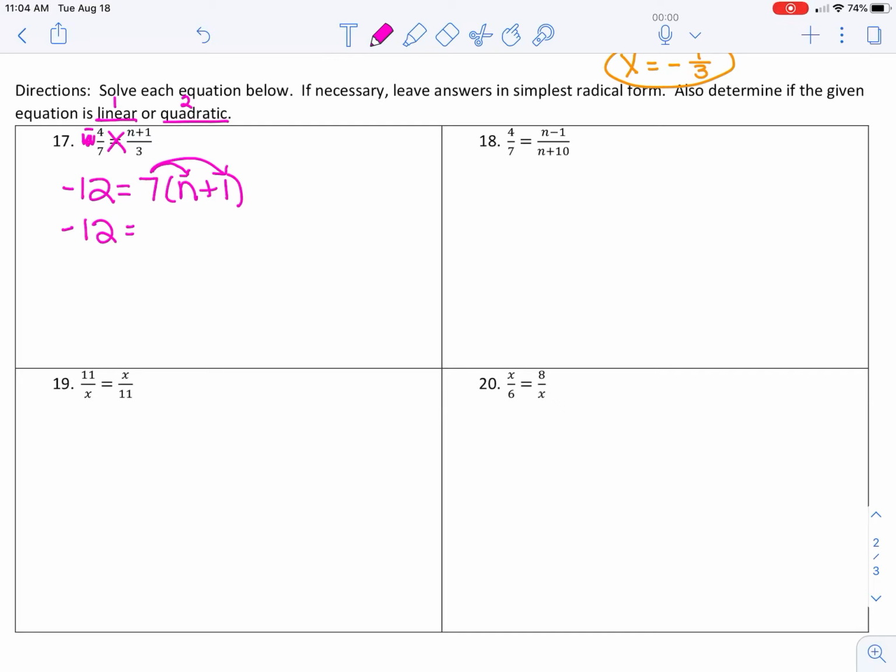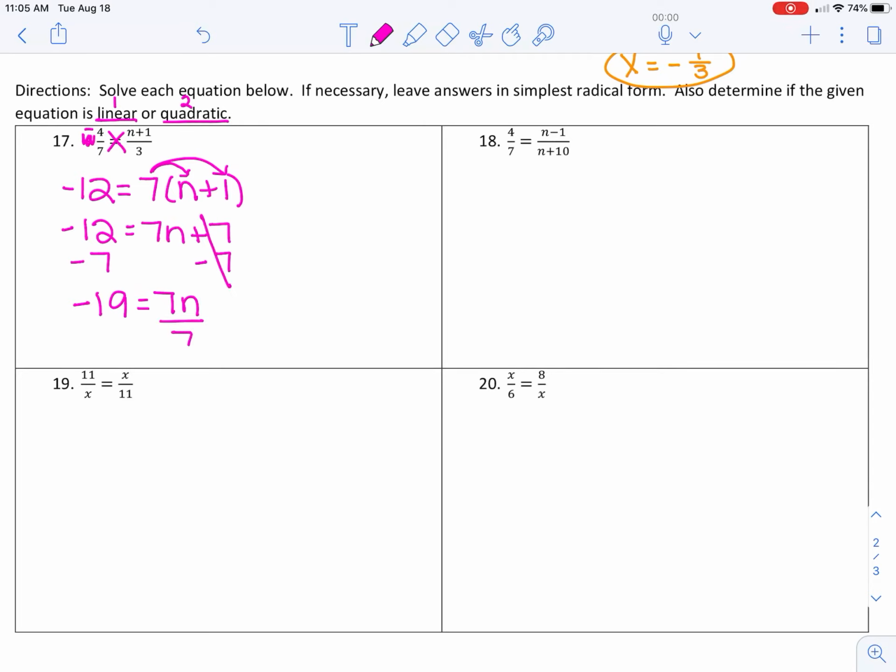So I'm going to take 7 times n, and I get 7n. And then 7 times 1 gives me 7. And I'm going to go ahead and subtract my 7 and solve it like a normal equation. So I get negative 19 equals 7n.